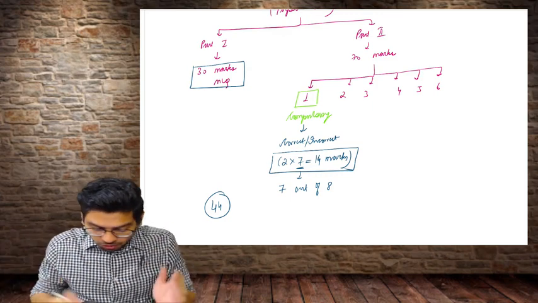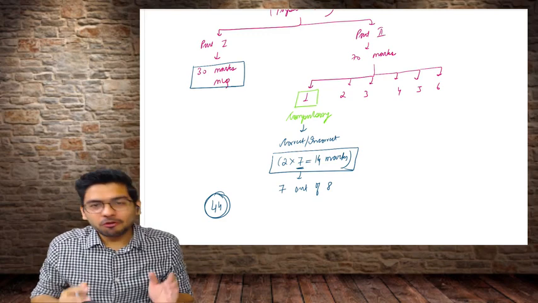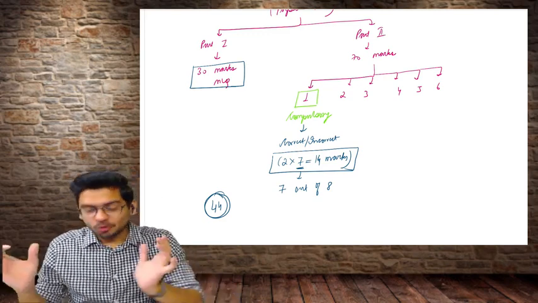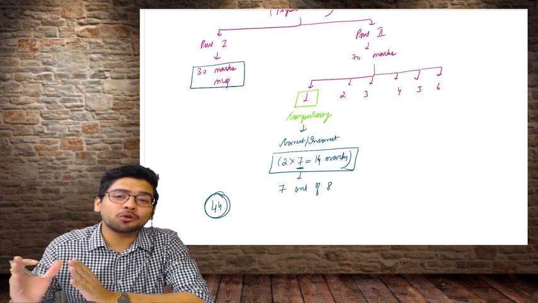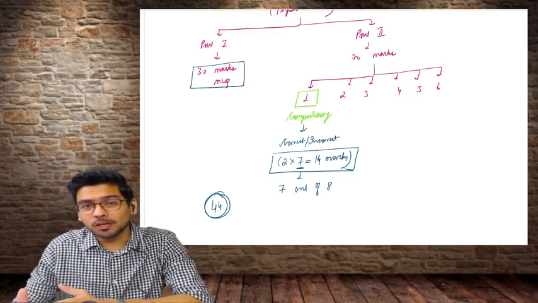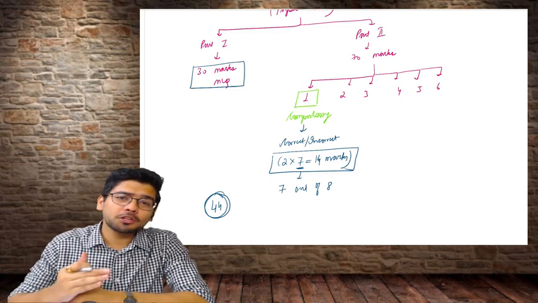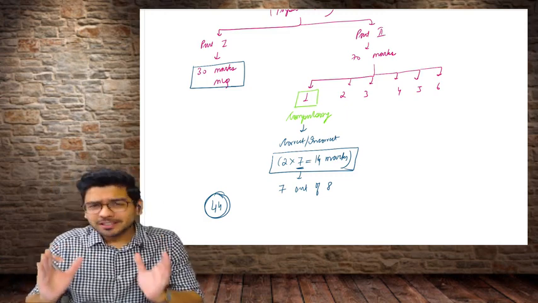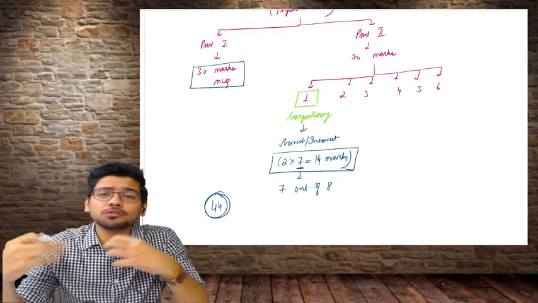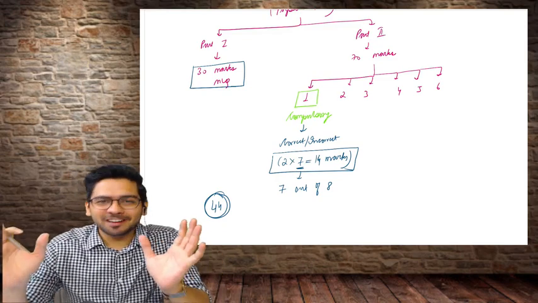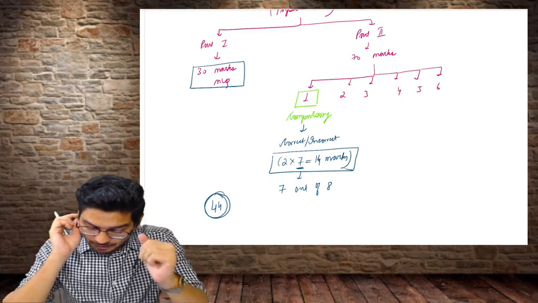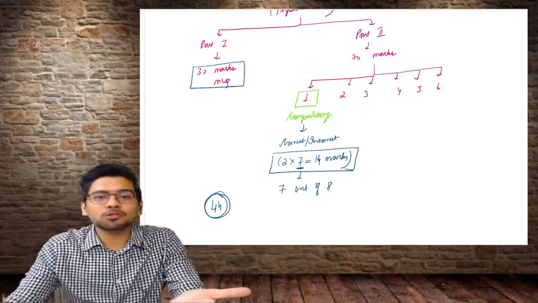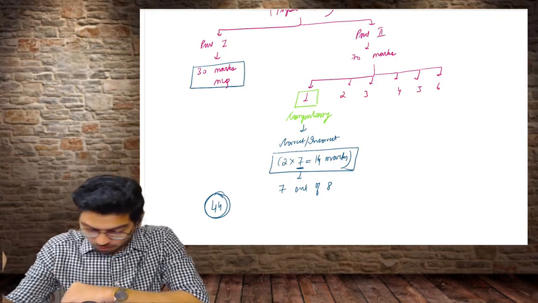Out of this 44 marks, if you are able to score 35 plus, around 40, it is going to be very easy for you to score an exemption in this paper. Earlier, when MCQs were not there in auditing, any marks between 55 to 60, I used to tell students, was good marks in auditing. But now with the introduction of MCQs, students have been scoring 70 plus in this subject.